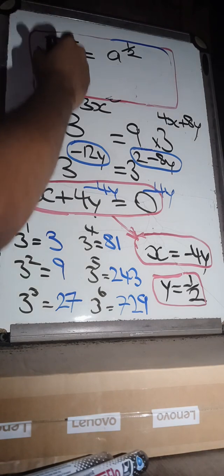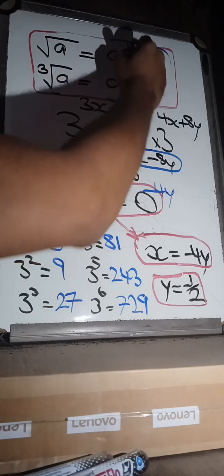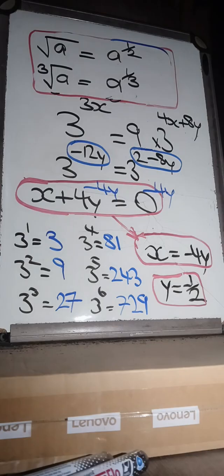The cube root of A is the same as A raised to the 1 over 3.